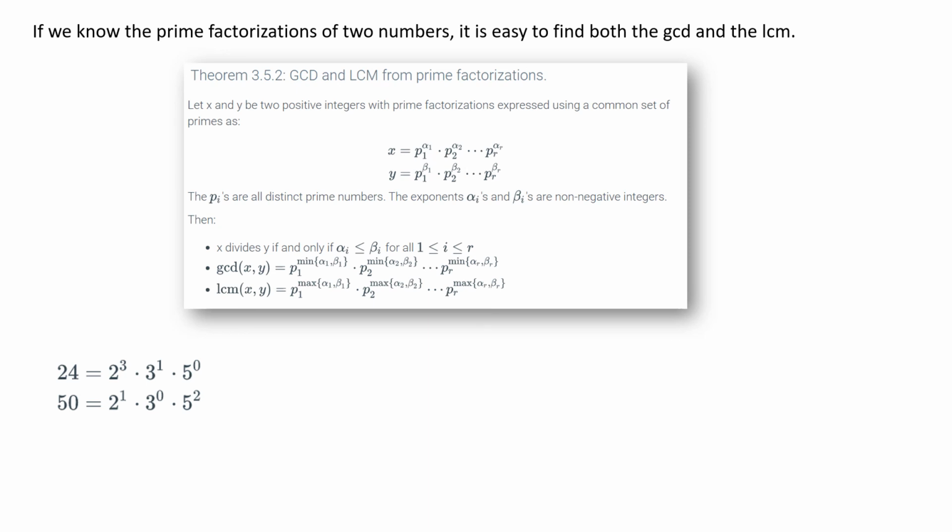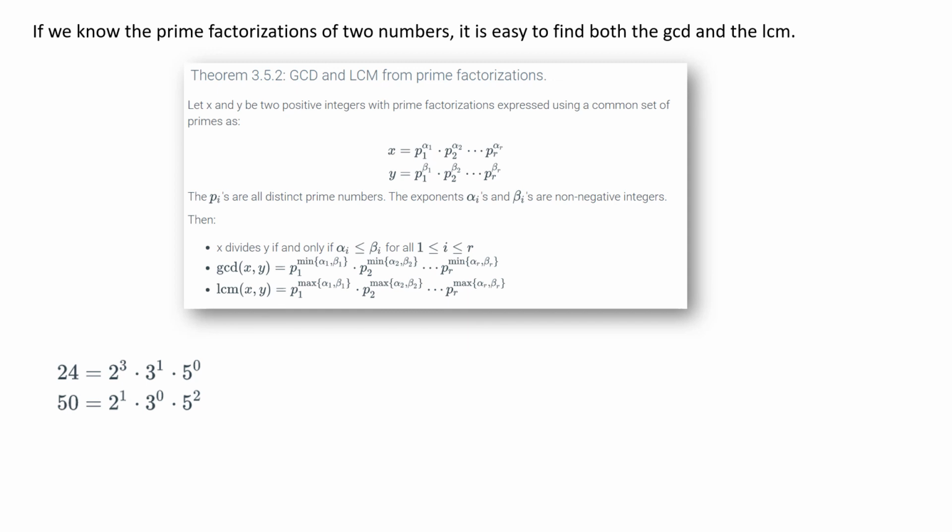The 3 to the 0th is there. Don't worry about that. We wouldn't have that there normally, okay? But when we want to use this theorem, we want all of these numbers that are taken to these different powers to match in both of these cases, for the 24 and the 50.